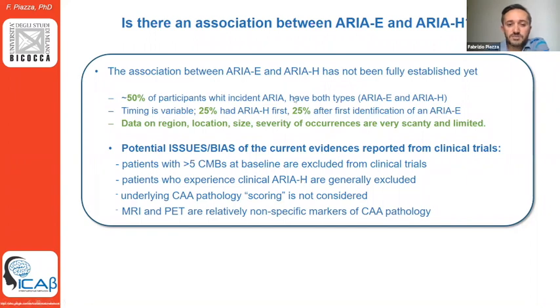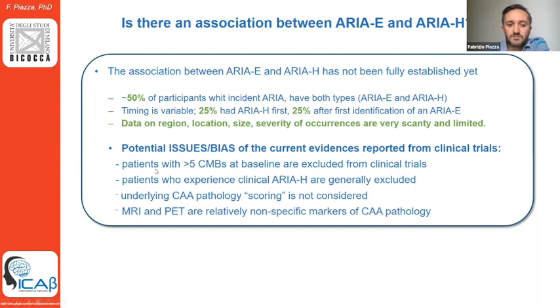And again, we have to be careful in evaluating these previous reports because of the biases and the issues that I told you about. In particular, because the FDA recommended not to include any patient in clinical trials with more than 5 cerebral microbleeds at baseline, given the recognition that this drug can lead to bleeding events.